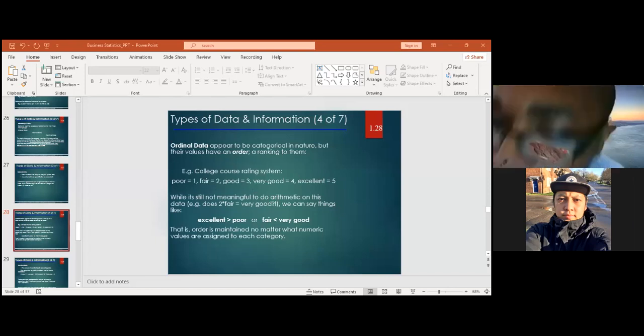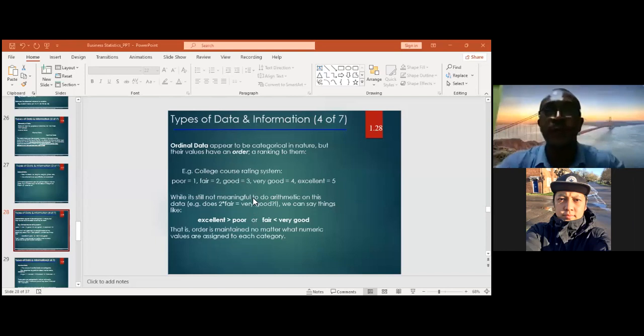All right, so let's continue. We have already covered this slide. Just to summarize, what this slide is telling us is that ordinal data does not allow you to do multiplications. You cannot do subtractions. You cannot do division using ordinal data. What you can do is compare poor and fair.